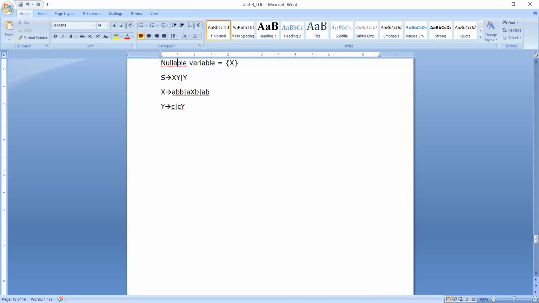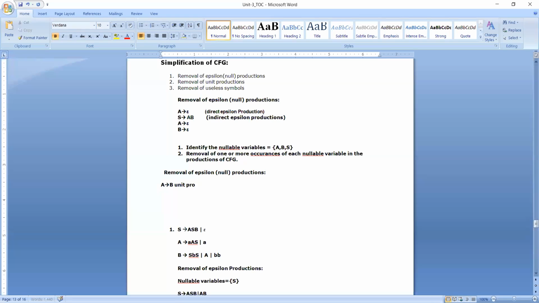So first of all, let us know what a unit production is. Whenever we have a production called A derives to B, something like this, A derives to B, where the left hand side should be at most one variable and the right hand side must have at most one variable, we can say that this type of productions will be called unit productions.